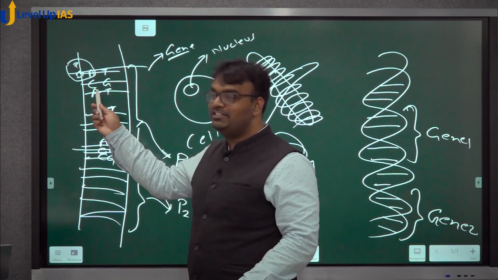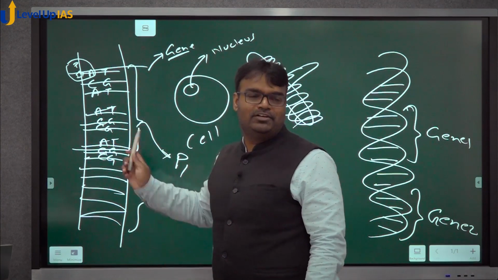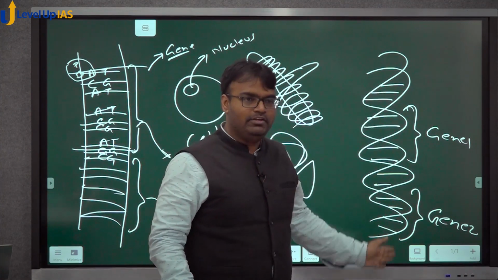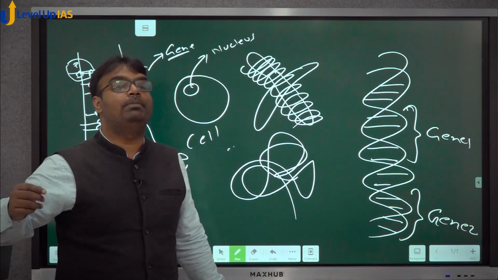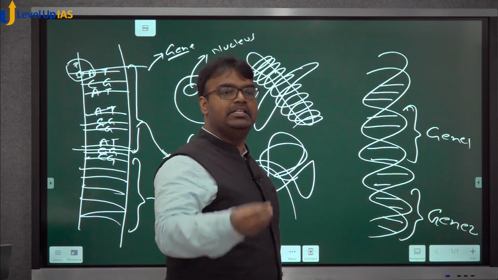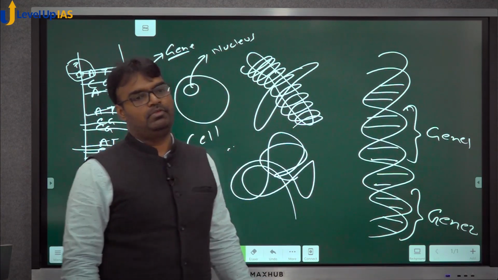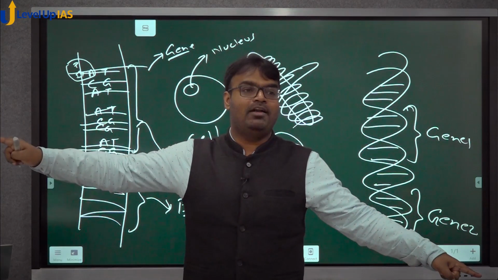If you consider these to be the bricks, and this is the overall structure, all living organisms have this system. And that's why, if you want to take a gene from bacteria and insert it in you, it is possible. If you want to take a gene from bacteria and insert it in a plant, it is possible.